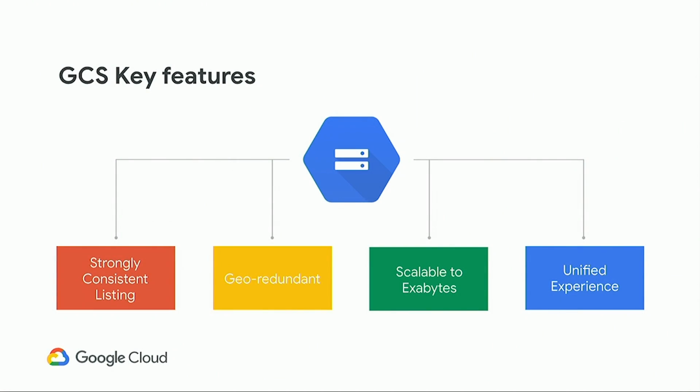So GCS provides a lot of key features. This is an example of 4 key differentiating features of GCS. And what's important to keep in mind, as I'm going to go into in more detail, is that GCS uses Spanner heavily under the hood in its implementation, and all of these features are in some way enabled by the fact that GCS is using Spanner.